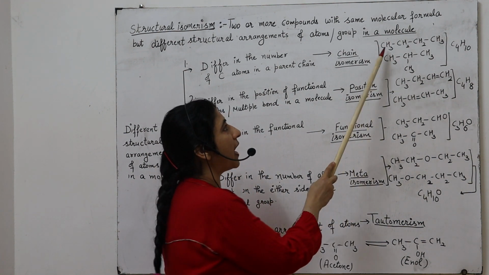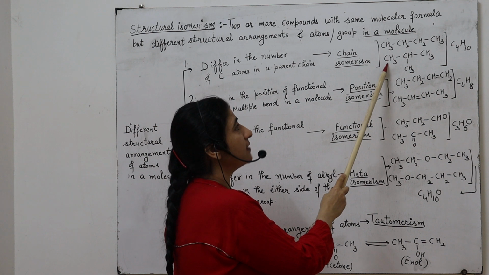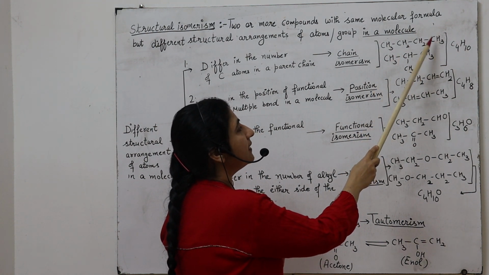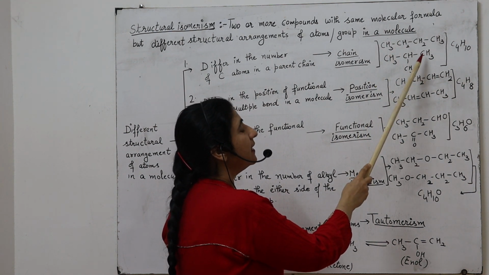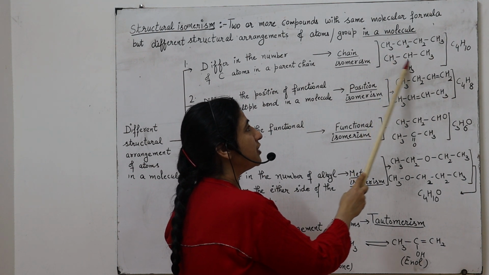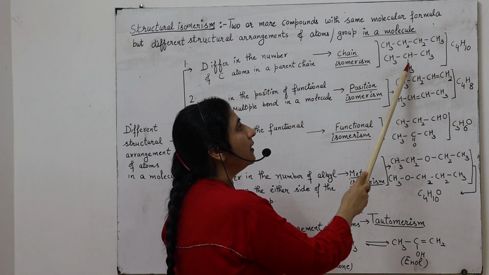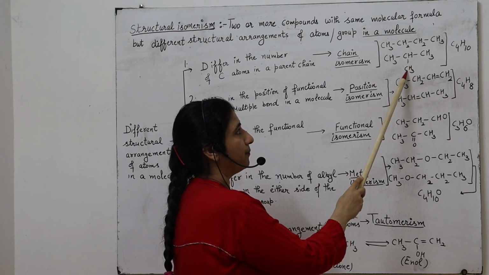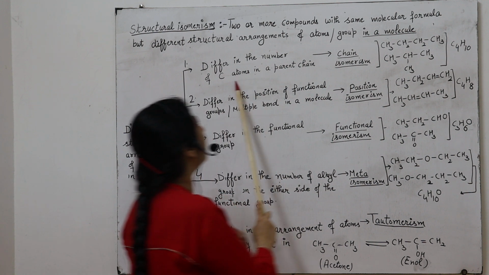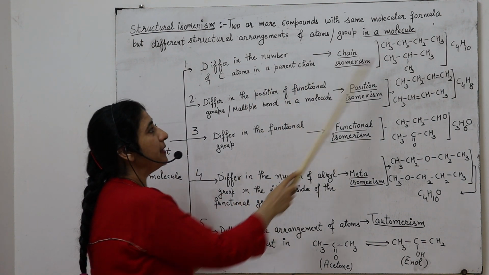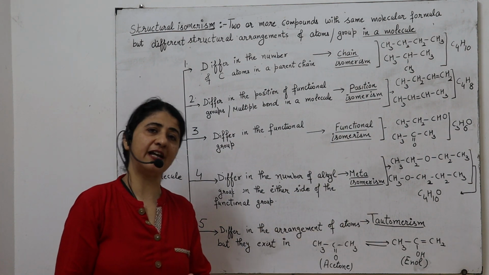It means these two are chain isomers, because in the first compound there are 4 carbon atoms in a parent chain, but in the second case the number of carbon atoms in a parent chain is 3, whereas the fourth carbon is attached to this parent chain in a branch form. So these two compounds are different due to the difference in the number of carbon atoms in a parent chain. It means these two compounds are chain isomers, and this phenomenon is known as chain isomerism.